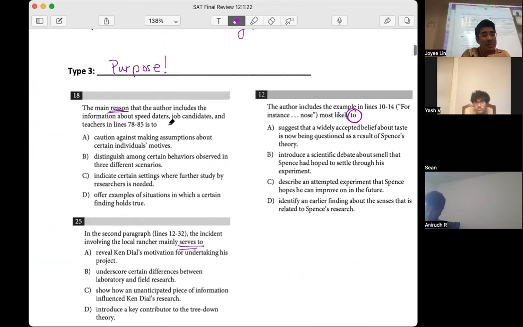So generally speaking, we could answer a question like 18 without even reading. Right? It says the main reason the author includes information about specifics. Which one is usually the best answer? D, right? You typically offer examples that support your evidence. You're probably not going to be A, right? You're typically not giving examples that don't support your answer.